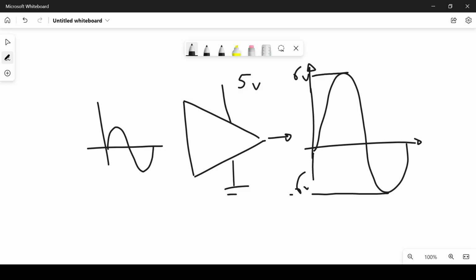Why? Because the maximum voltage that the operational amplifier can take is 5 volts. So the signal is not going to be like this. It's going to be like this. It's going to be cut from the signal. As you can see, it's going to be 5 volts right here. So this is what's so-called voltage saturation.